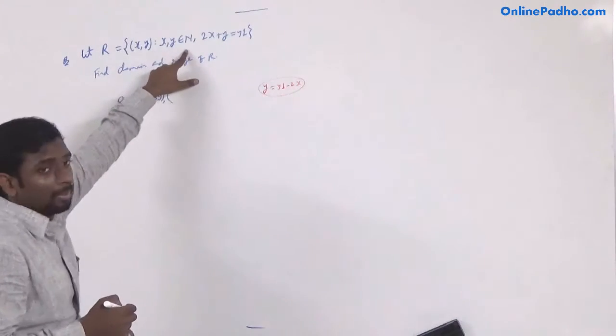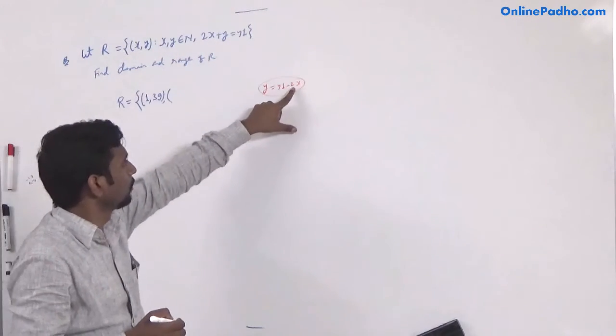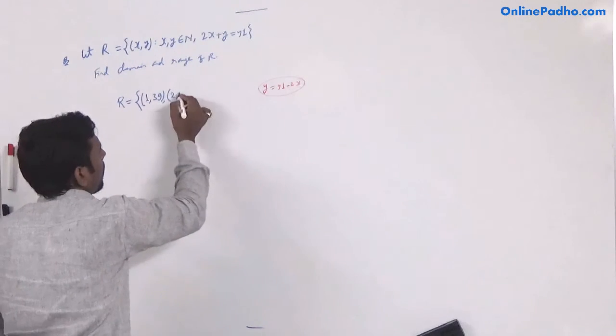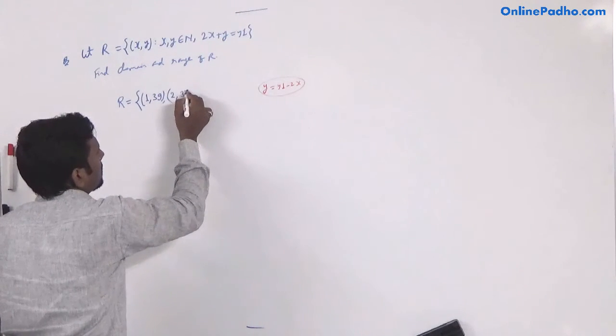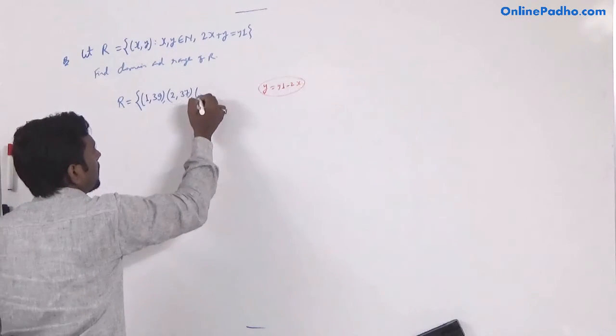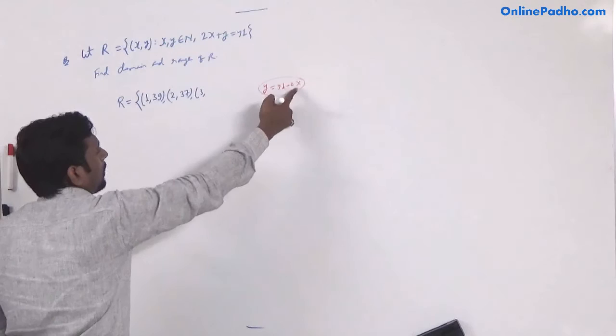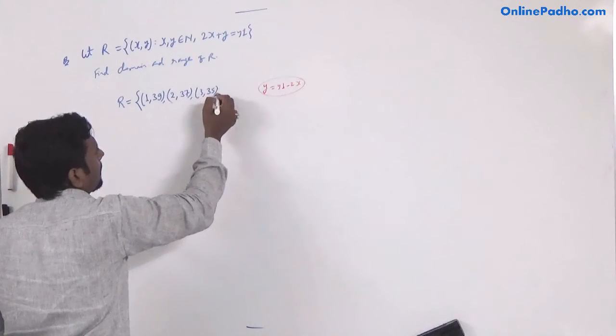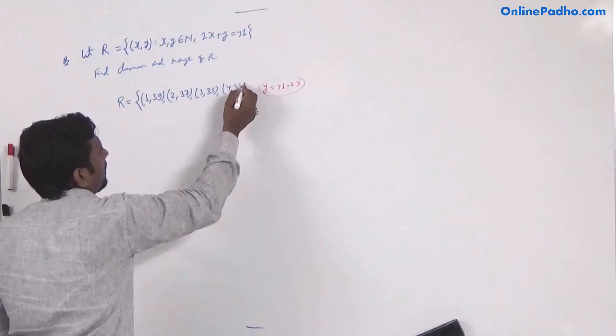x, y belong to the natural numbers. We can consider x as 2. 41 minus 4, how much? 37. If you consider x as 3, so 41 minus 6 can be written as 35. 4, 33.